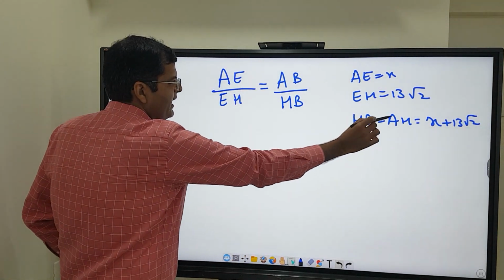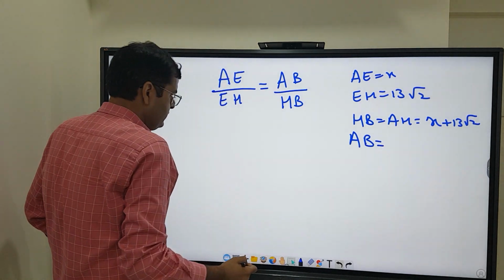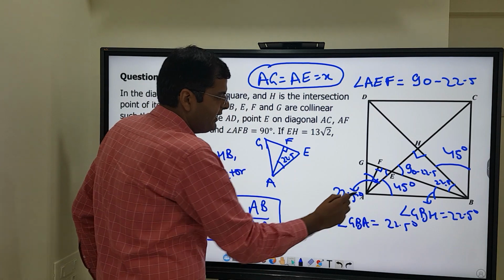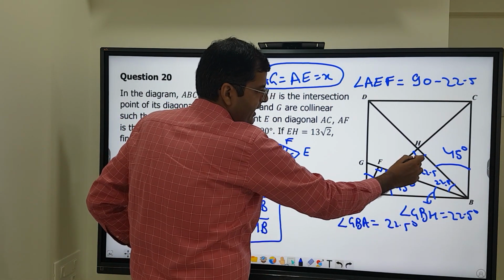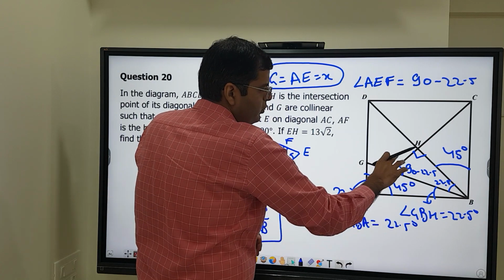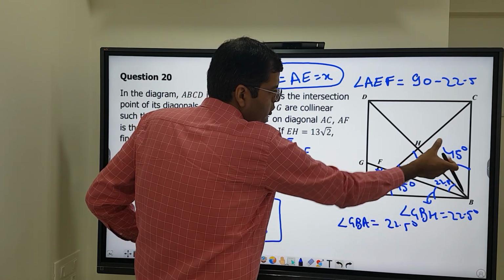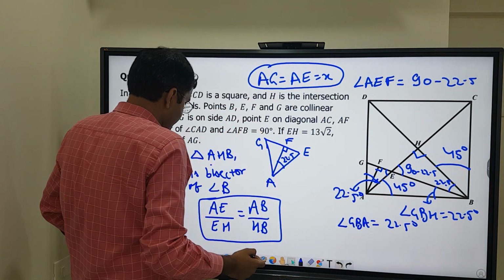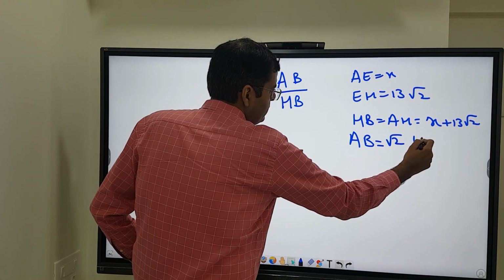So HB is X plus 13 root 2. Now in the right angle triangle AHB, with 90 degrees at H, AB is equal to root 2 times any of the sides. So AB is root 2 into HB.